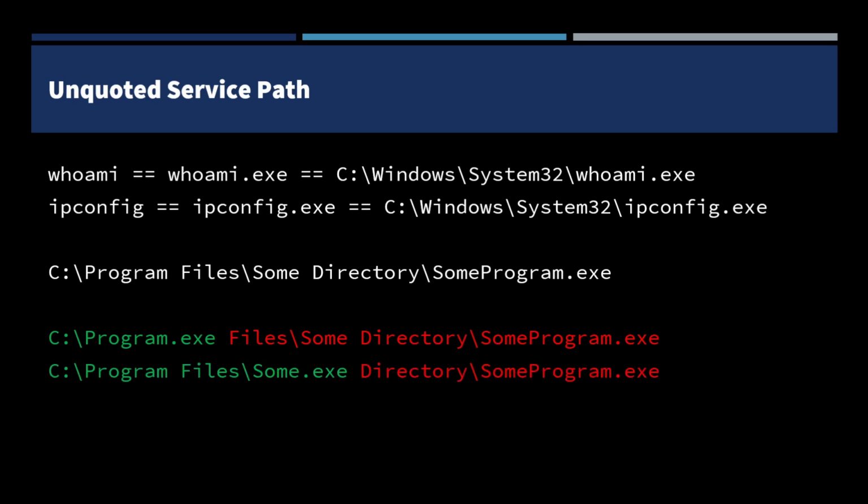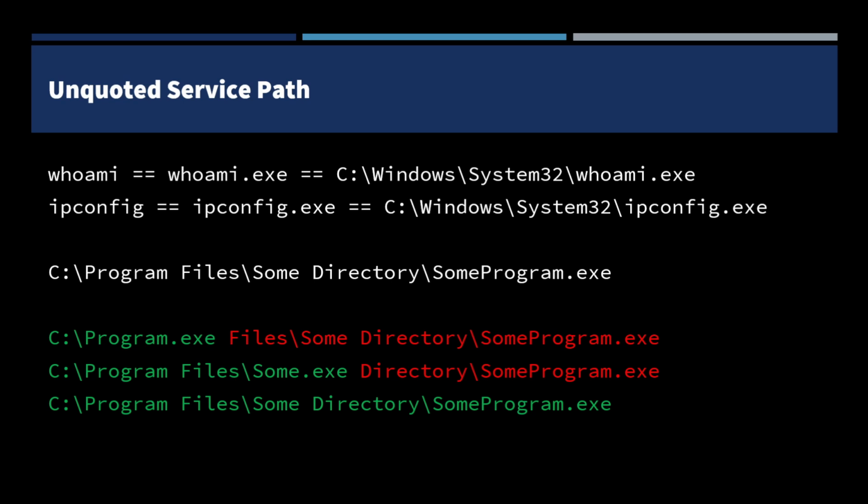Secondly, it sees the space after Some and thinks, okay, well maybe Some.exe is the executable, and there is only 1 argument, Directory\Some Program.exe. And finally, as a last resort, it will consider the full command as it was originally written.